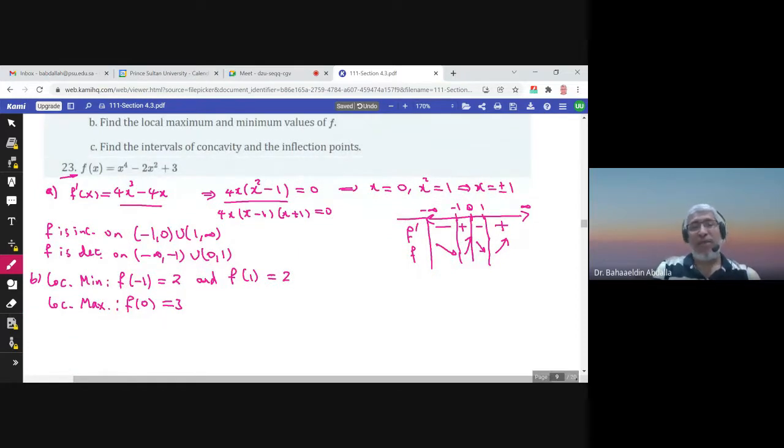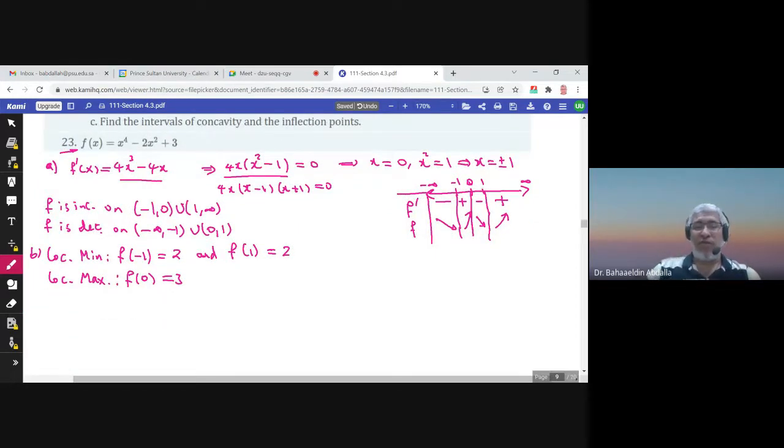Now part C, to find the intervals of concavity and inflection points, we know now that we have to deal with the second derivative. So this is the first derivative, and the second derivative is 12x squared minus 4.